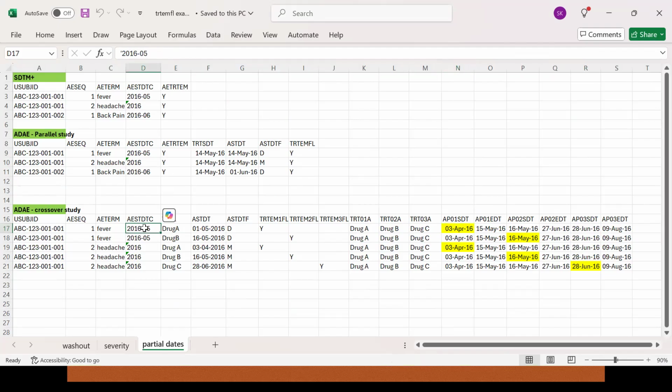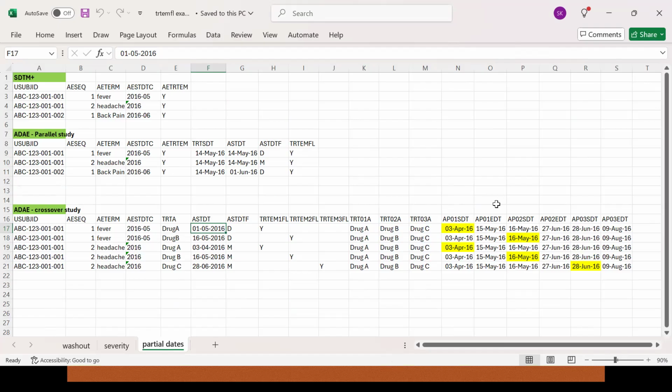So because of that, we can assign the day part as the 1st of May here, if we want to check that this adverse event is starting in your first study drug treatment start date.